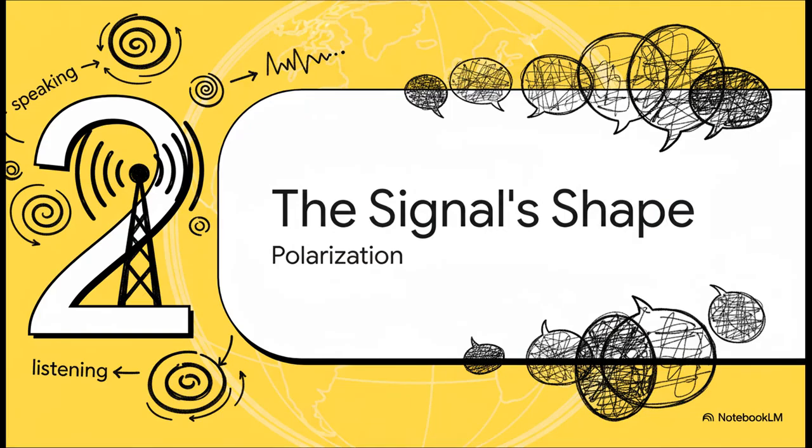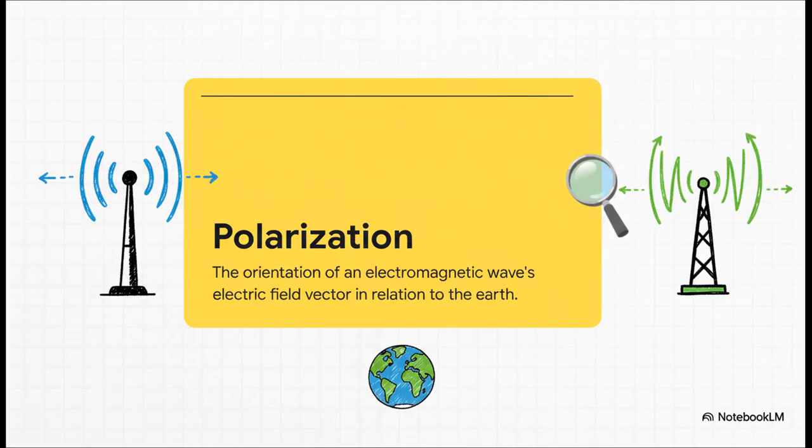Okay, so if an antenna speaks and listens the same way, we need to understand the shape of its voice. And in the world of radio waves, this shape has a name: polarization. Now, that sounds a little technical, but stick with me here. Polarization is basically just the direction a radio wave wobbles as it travels through space. Is it oscillating up and down or side to side?